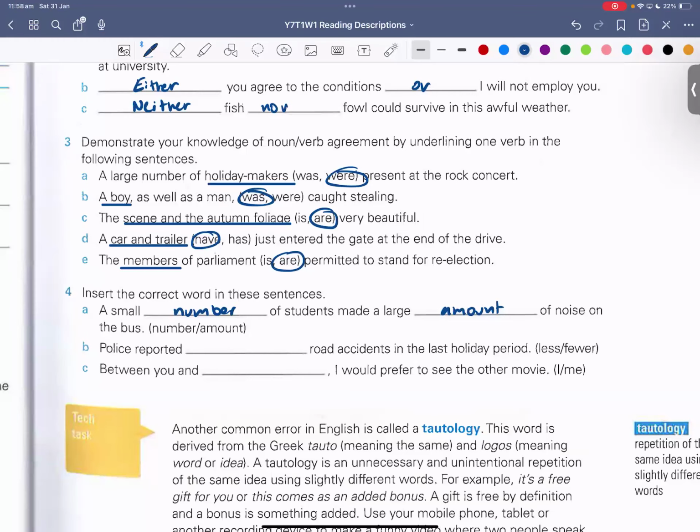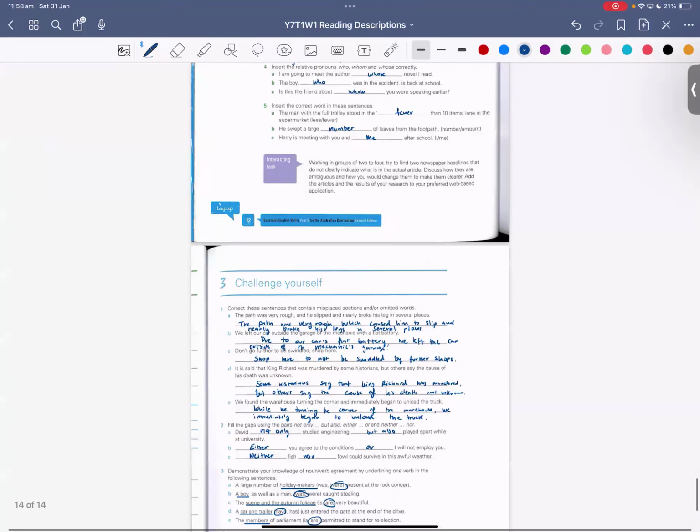Police reported is countable? Yes. Fewer. Do you guys remember from the bad and good example? You guys have made the same mistake again. Remember that one, it's me.